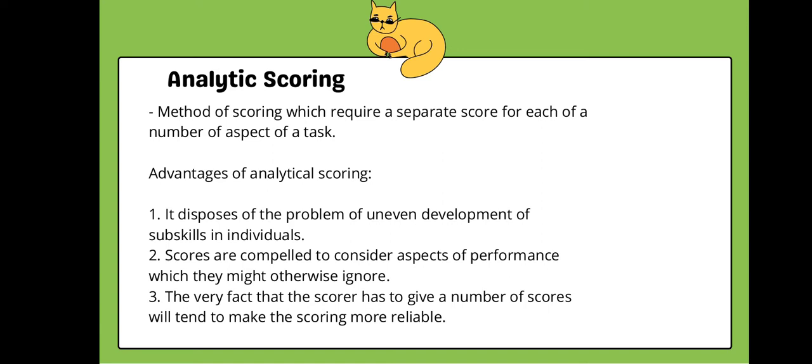Second, scorers are compelled to consider aspects of performance which they might otherwise ignore. Third, the very fact that the scorer has to give a number of scores will tend to make the scoring more reliable.